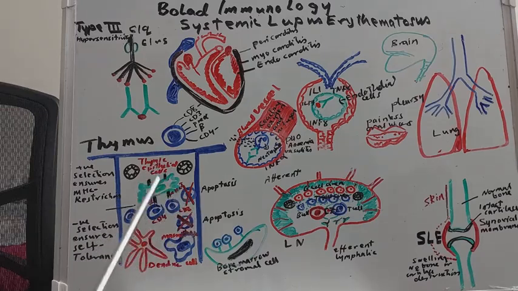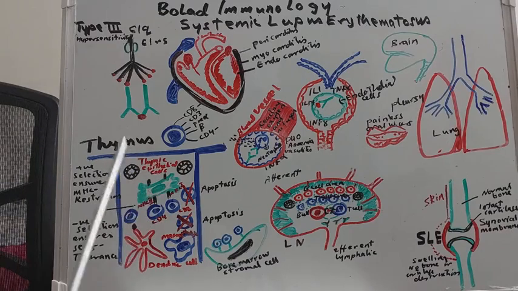So if these immature cells react with class 2, they will differentiate into CD4. If they interact with class 1, they will differentiate into T cytotoxic or CD8. And at this stage, they should recognize the major histocompatibility class 1 and 2 as self.